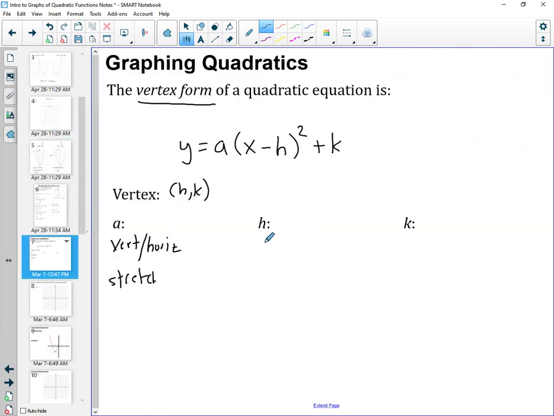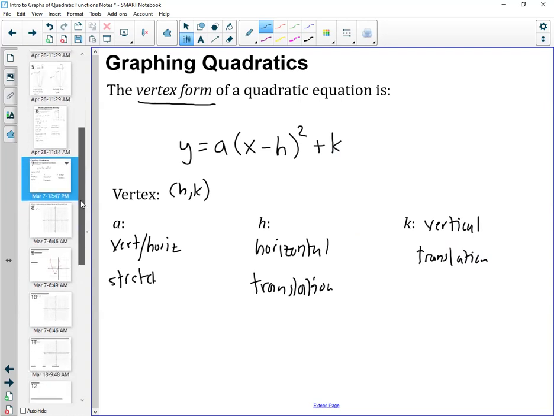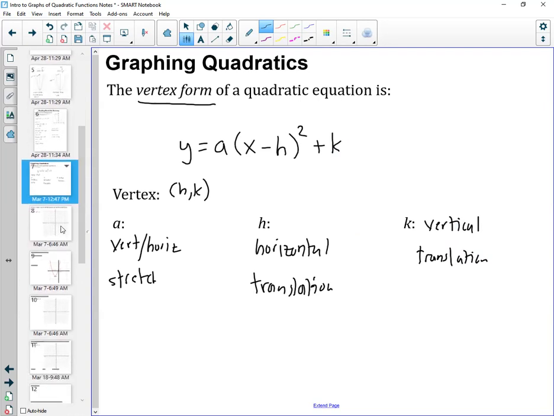h is the horizontal translation, which we saw earlier as well. When you add a number to the x on the inside, it moves it left to right. And we saw this, the first translation we looked at. If we add a number on the outside of the x squared, that moves the parabola up and down.